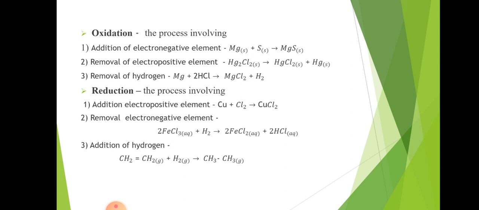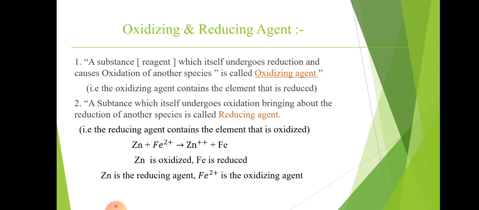And lastly, in short, before that, to differentiate between oxidation and reduction, we can see the definition of oxidizing and reducing agent. Now first, one by one, what does oxidizing agent mean? An oxidizing agent is a substance or reagent which itself undergoes reduction and causes oxidation of another species.